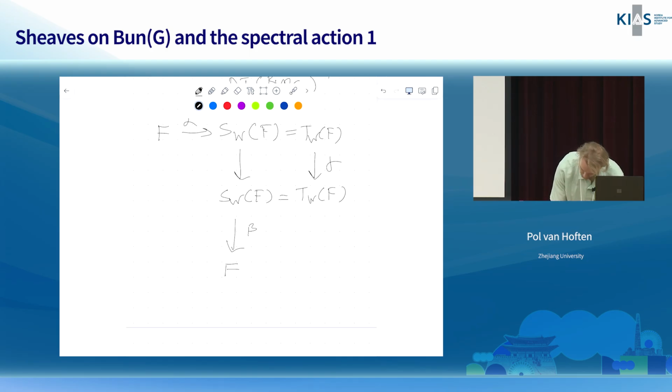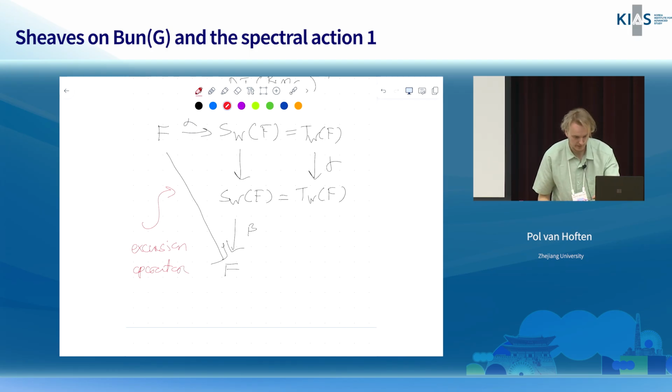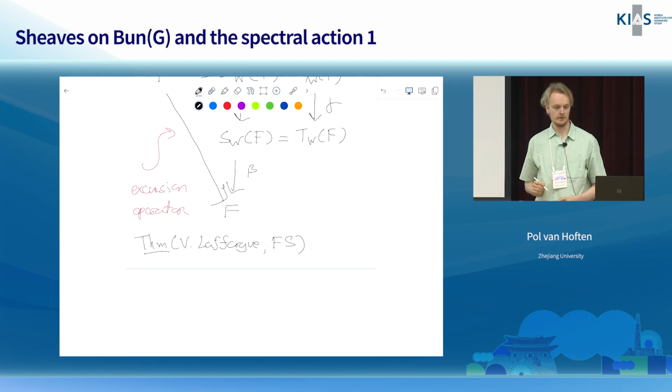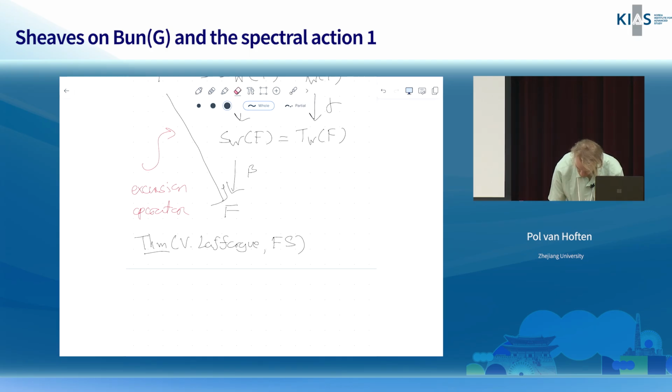So this here, I don't want to give it a name, but this is called an excursion operator. The last thing I want to write down is that there's a theorem, essentially of Vincent Lafforgue and Fargues-Scholze, which is that these excursion operators generate this endomorphism ring.